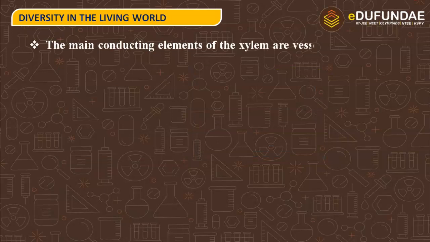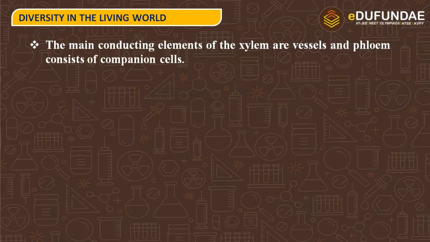The main conducting elements of the xylem are the vessels, and the phloem consists of companion cells. In gymnosperms, the vessels and companion cells were absent, but in angiosperms, they are present. The main reason is that these are flower producing organisms and they require more water and minerals, and that is why the vessels are present in xylem for the proper conduction of water and minerals, and the companion cells are present in phloem to provide better food and nourishment to all the parts of the plant.